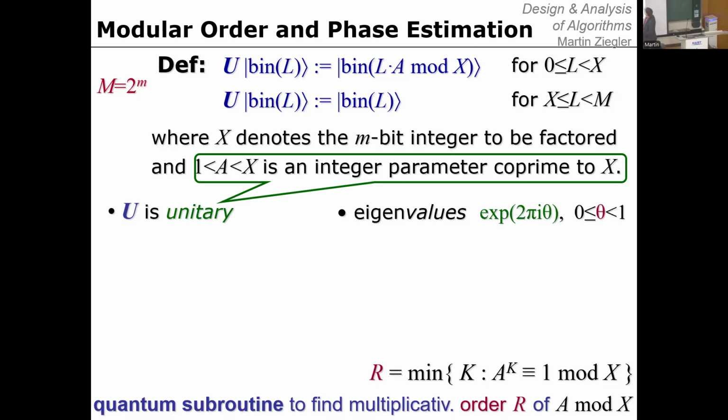Being unitary, we know something about the eigenvalues. They are complex numbers of magnitude 1, so we have this real phase parameter.